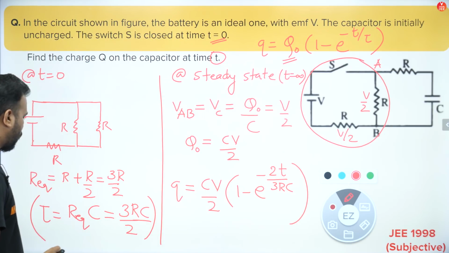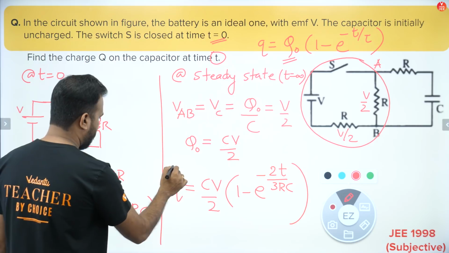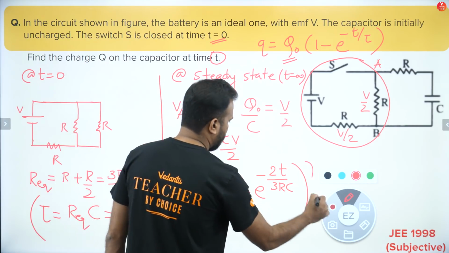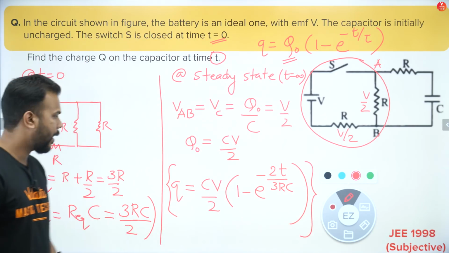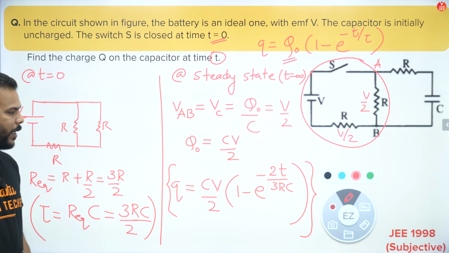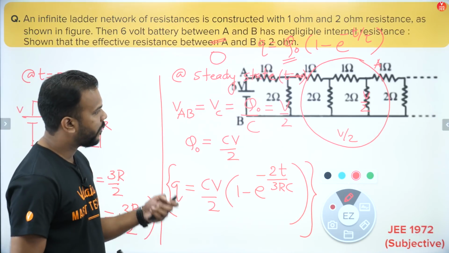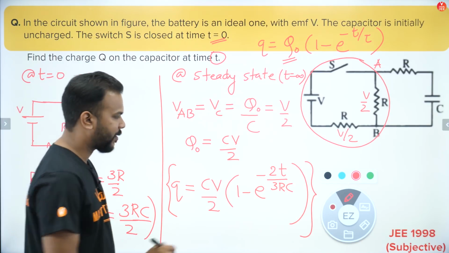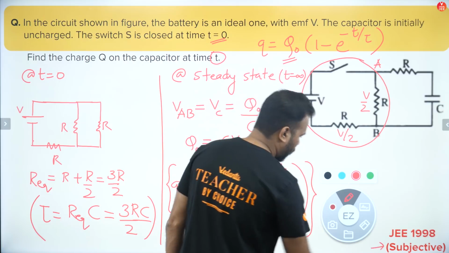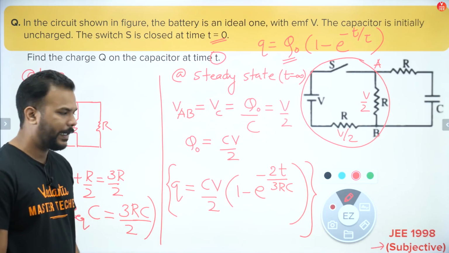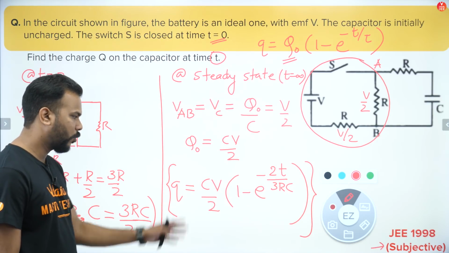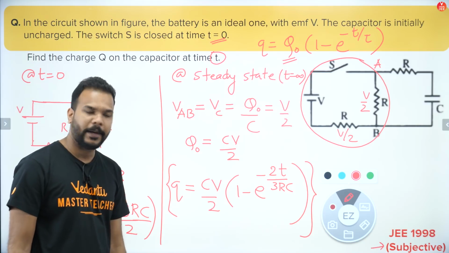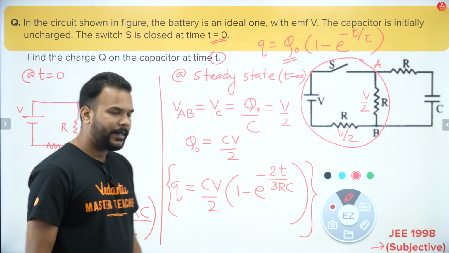Now what we have is our final answer as CV by 2 times 1 minus e to the power minus 2t by 3RC. Let's check whether that answer is correct or not. No options are there, this is a subjective question. So this is the answer to this question: CV by 2 in bracket 1 minus e to the power minus 2t by 3RC.